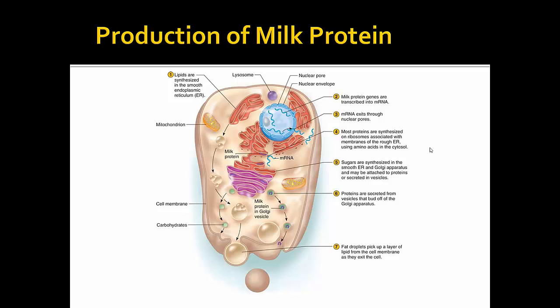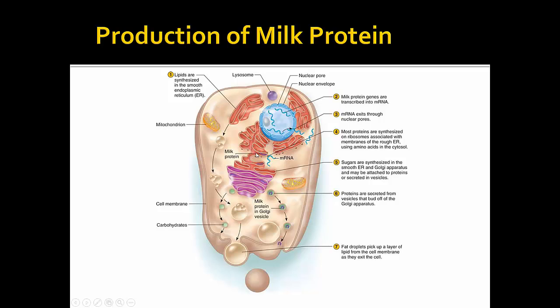I've included this slide so you can see how some of the organelles work together to produce proteins and lipids, in fact. The nucleus of the cell houses the genetic information, which is used to create proteins. You can see this coming out of the nuclear pore here is mRNA. We'll talk about that a lot more in a couple weeks. And it goes and uses the ribosomes to create protein.